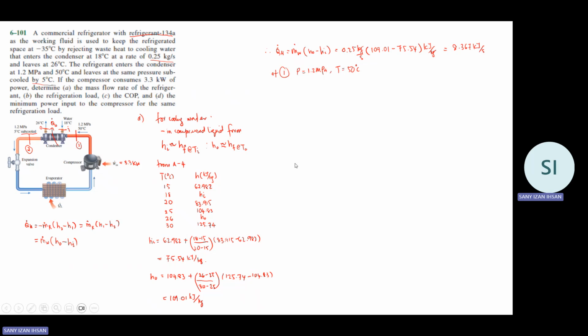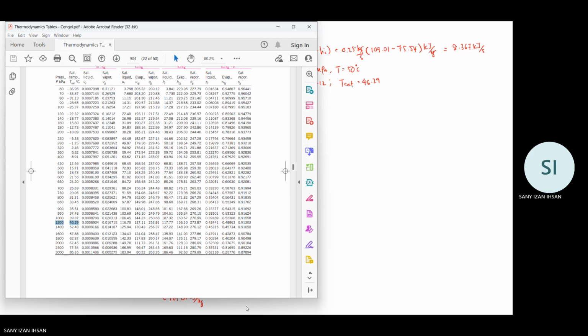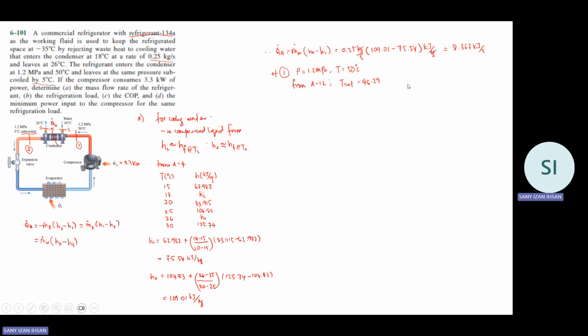From A12, T saturated is 46.29, if I'm not mistaken. Let me check again. 46.29, yep.